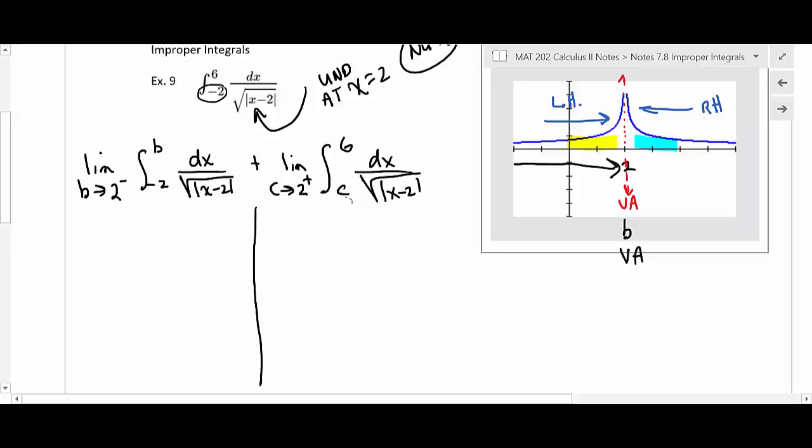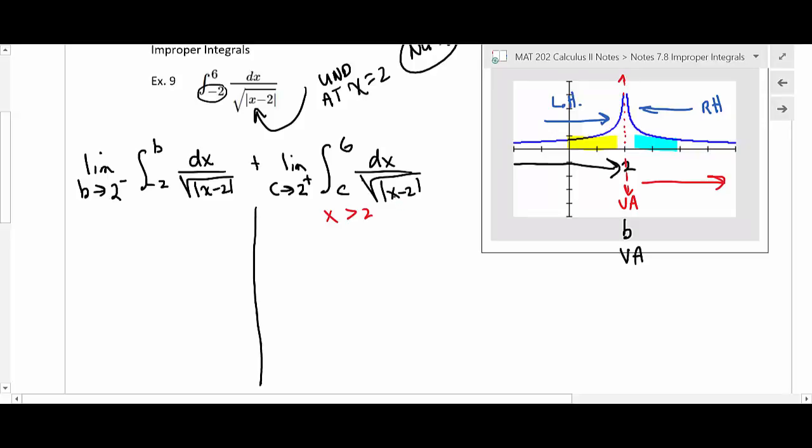In this integral, we're looking at this region over here. X is bigger than 2, right? X is greater than 2. So what kind of number is going to be under that radical? If X is bigger than 2, what does X minus 2 become? It becomes positive, right? Agreed?